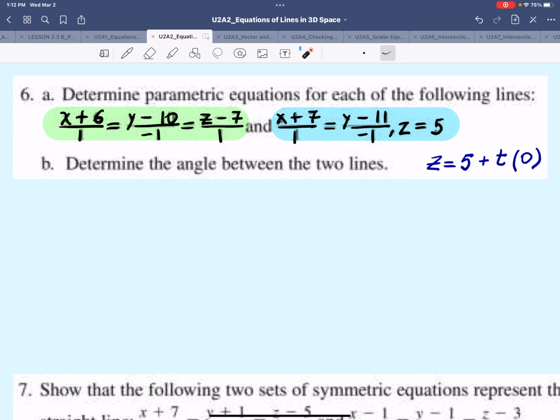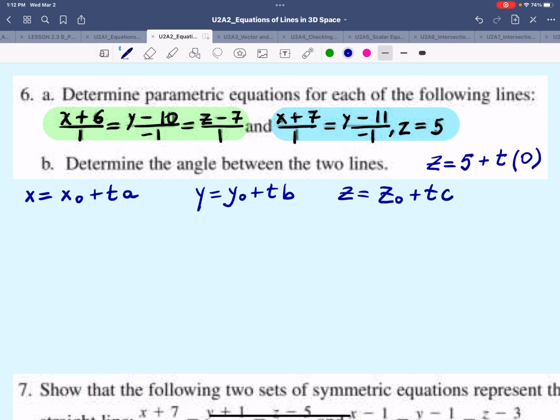Next, we have to find the angle between the two lines. So to find the parametric equation of a line, we need to write the equation in the form x equals x0 plus ta, y equals y0 plus tb, and z equals z0 plus tc.